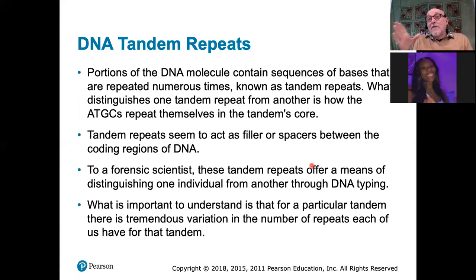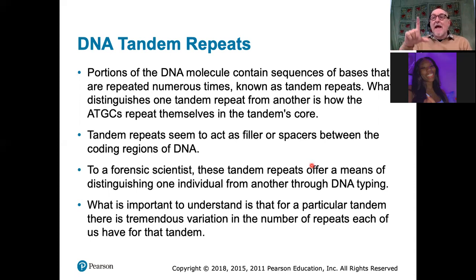And that becomes very important because it means that if we can find a way of typing the DNA, if we can look at the DNA in particular ways, we can see its individuality, and we can tie a particular DNA to an individual.